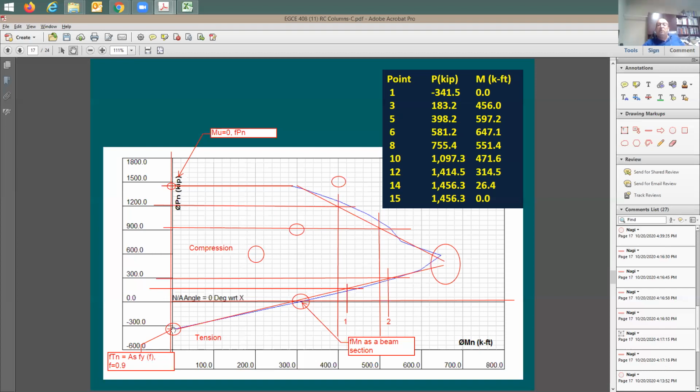And here I'm going to be calling it a column. So I don't want someone here to think columns do not support moment, they support only axial load. I'm going to say, no, this is what we started with, just to give you a concrete section exposed to only axial load, and then we'll start to call it a column. So I don't want you to think that columns support only axial load. They all support axial load and some moment. And also beams.